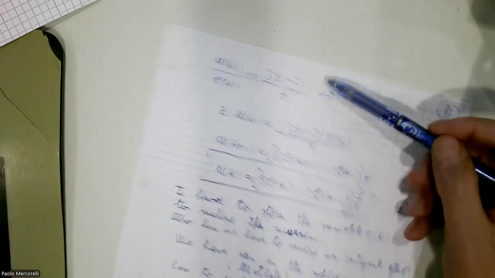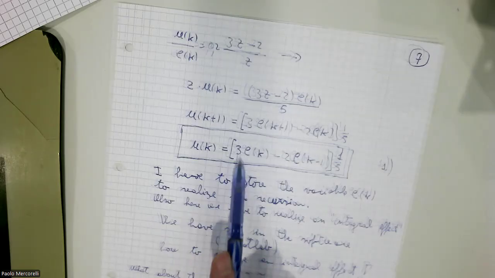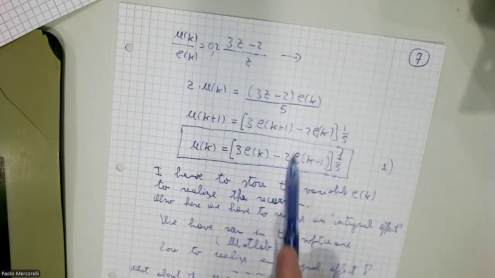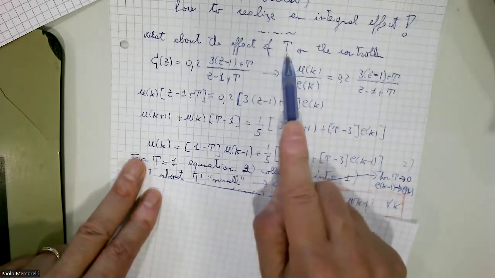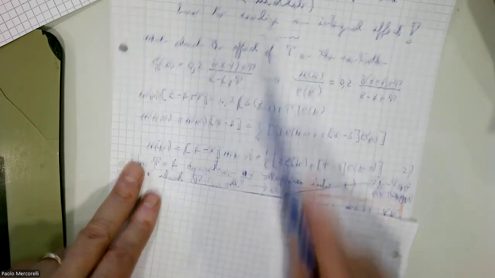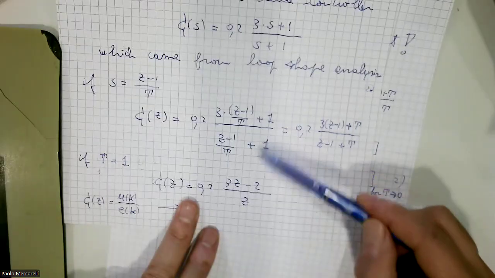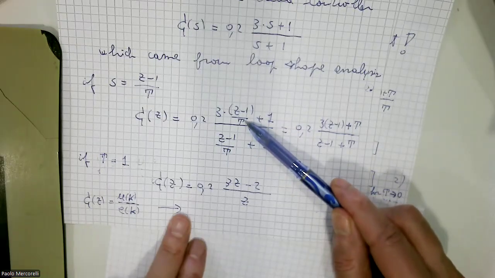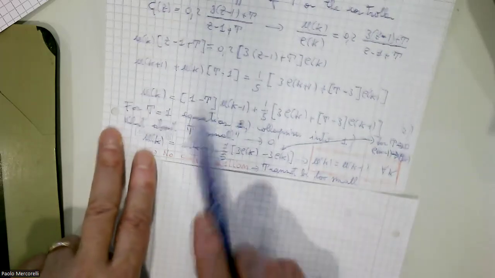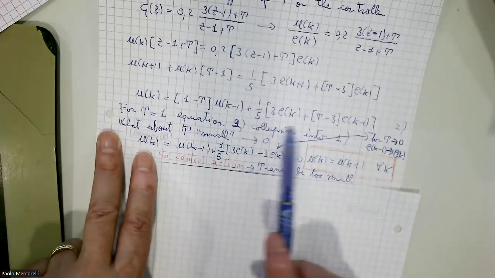Here, just to simplify the calculation, for T equal 1, U of k is 3 times E of k minus 2 times E of k minus 1, the previous value of the error, everything divided by 5. And then I put here the general expression for any T, without putting T equal 1. Do you remember T equal 1? I put 1 here, I put 1 here. If you don't put T equal 1, we have a general expression. Believe me, the calculations are quite boring. But look, at the end, we have this expression.